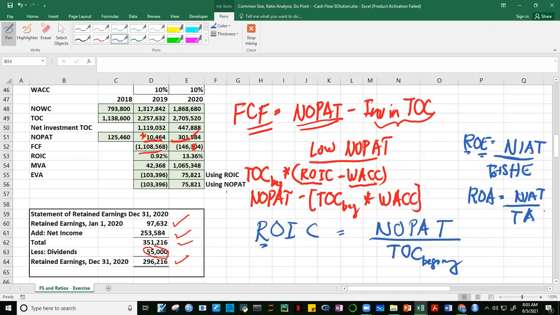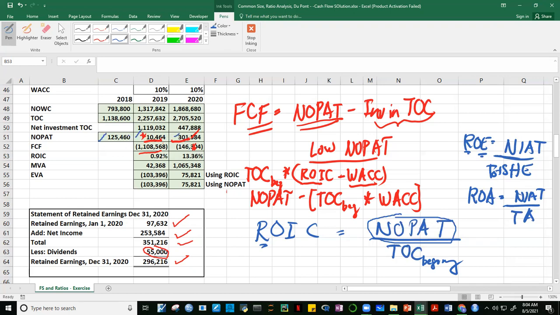Now, as we said, when analyzing the performance of the firm, we don't just use the NOPAT, because the information given to us is static. Is 125,460 good? What we can say is that it decreased in 2019 but increased in 2020.